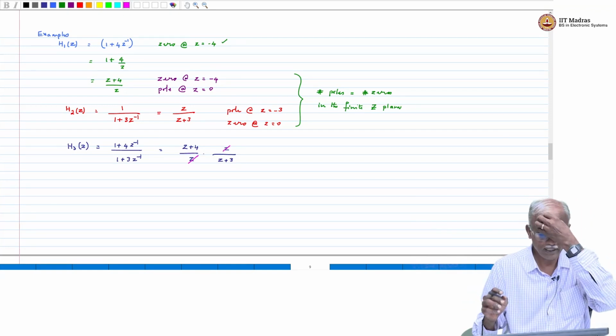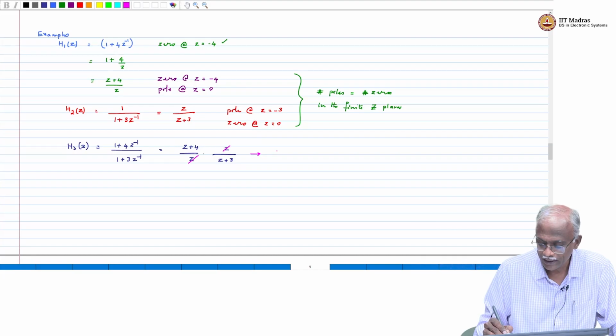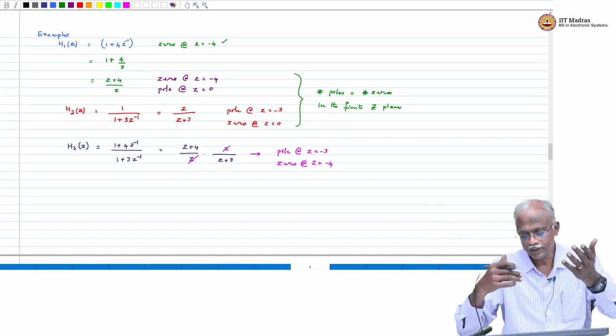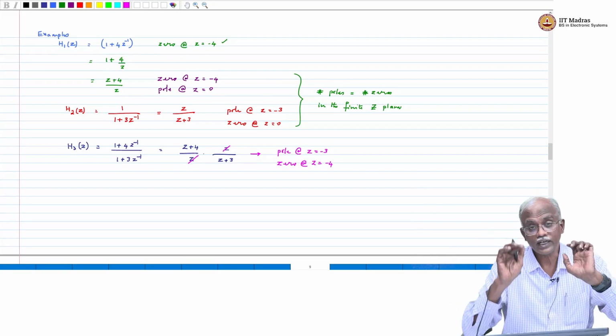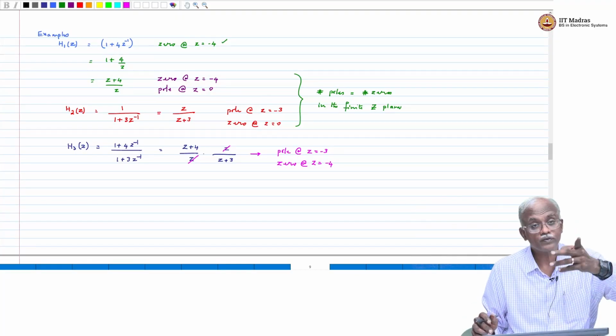Remember, that's an important element, leaving you with the following conclusion for this transfer function. There is a pole at Z equal to minus 3, there is a 0 at Z equal to minus 4. We don't have to worry about the pole and 0 at Z equal to 0, that got cancelled, so we don't need to worry about it. But the important thing is the number of poles and number of zeros are the same.